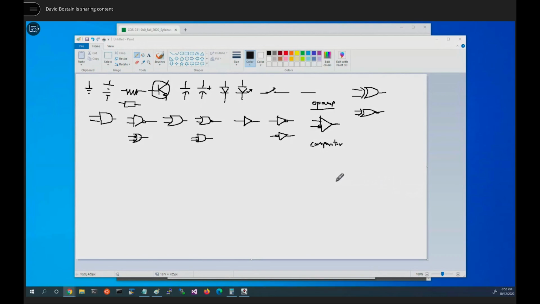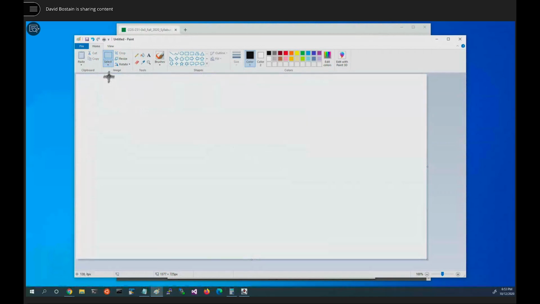Okay, so let's go over the rules for doing the schematics for flip-flops and latches. First of all, we're going to draw a box.